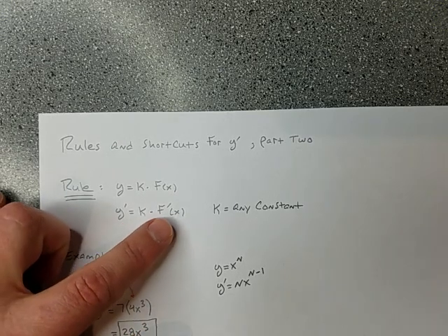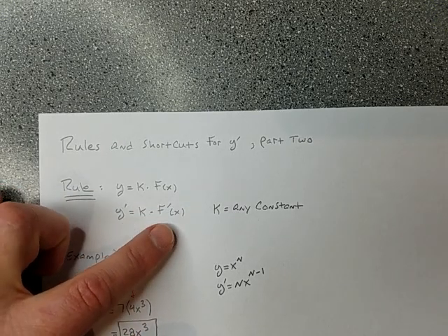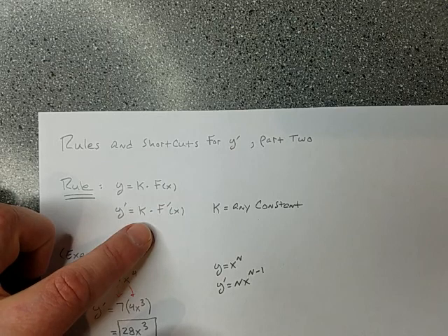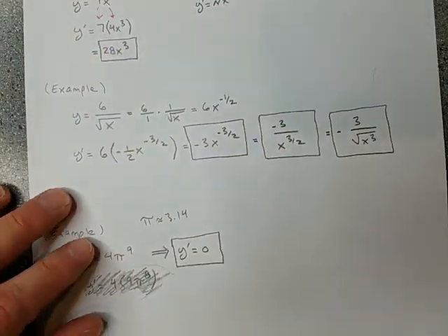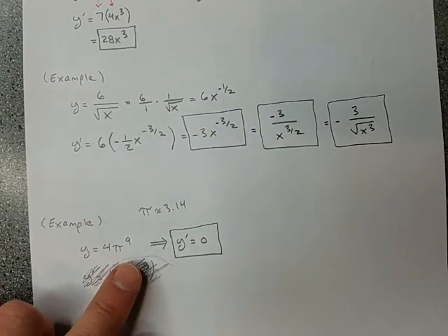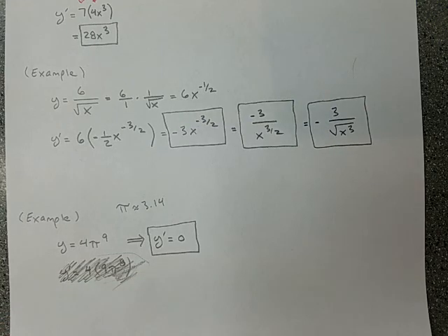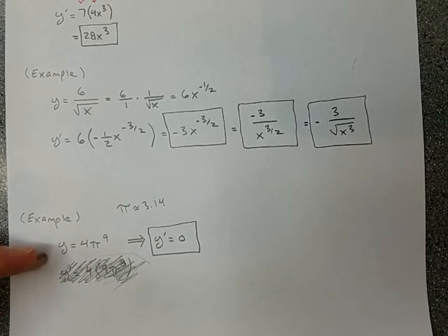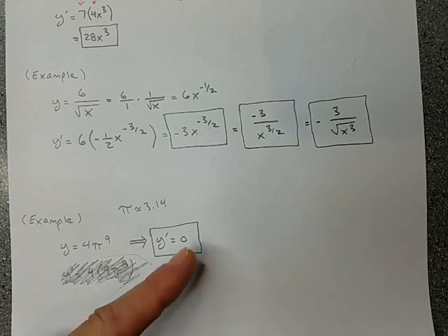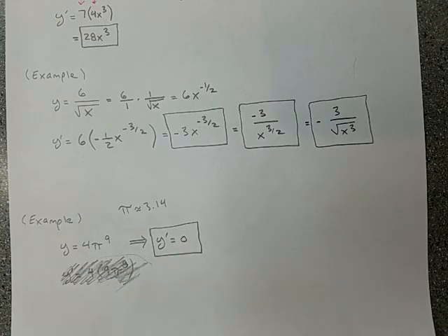Multiply k times f prime, the derivative of f. Well, that's what you do with a constant when it's like that. But this is not a constant times something with x in it. It's just a constant all by itself. If you could draw this graph, it would be a horizontal line, and it would have a slope of 0, okay? All right.